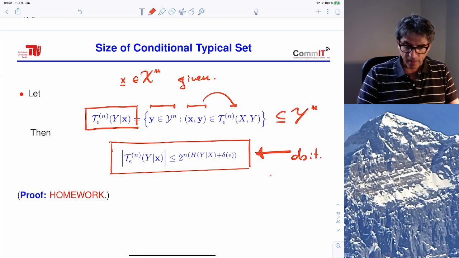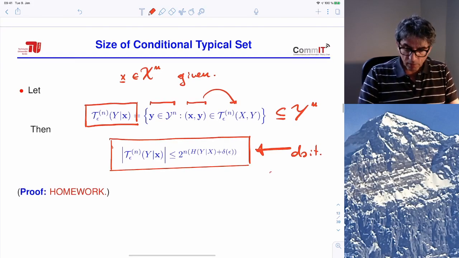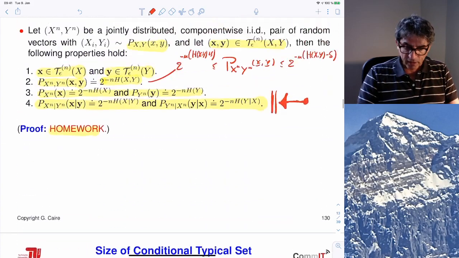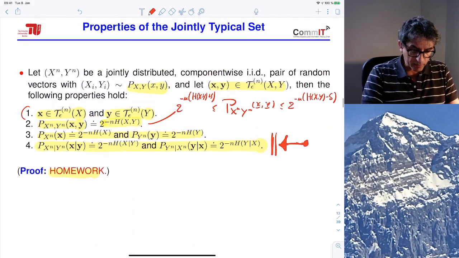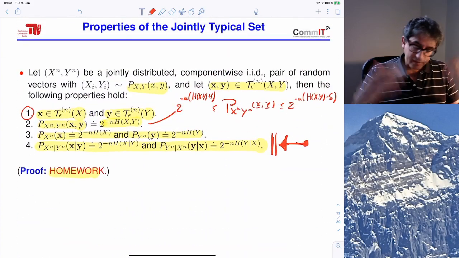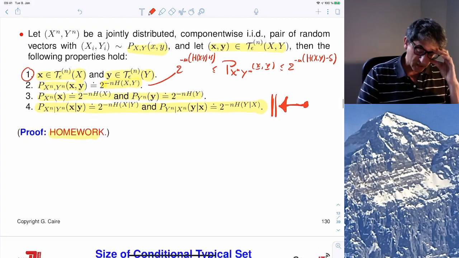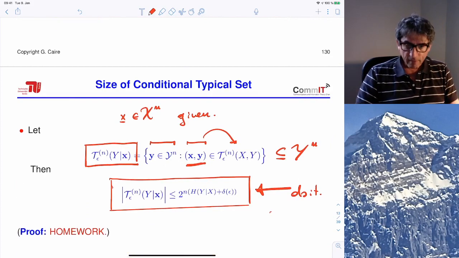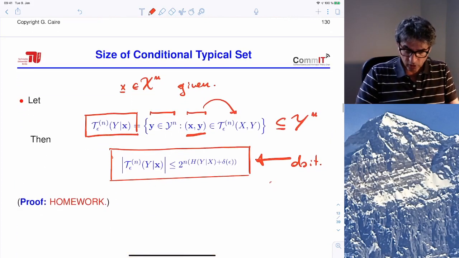In particular, if I take x non-typical, then there will be no pairs x y that are jointly typical, because a condition of being jointly typical is to be individually typical, from property number 1. So if I take a sequence x that is non-typical, then this conditional typical set is empty. But of course, empty also satisfies this upper bound because 0 is less or equal than this exponential.